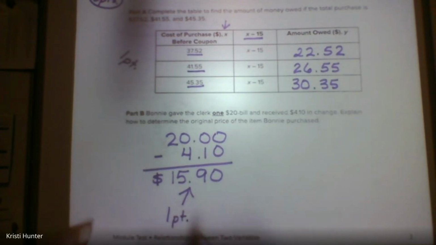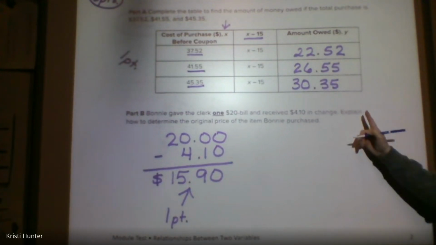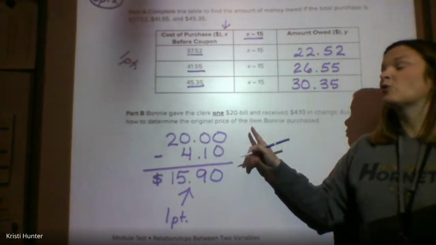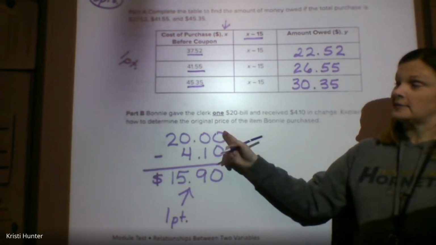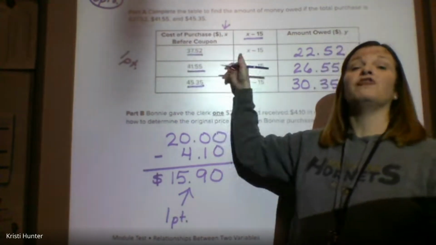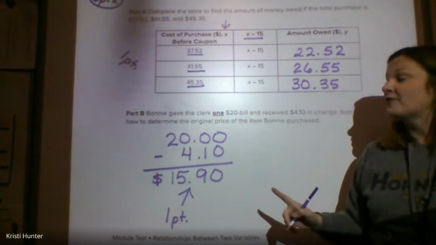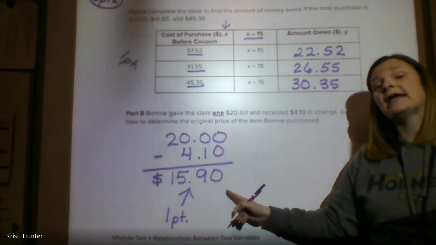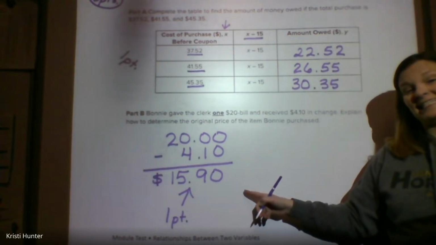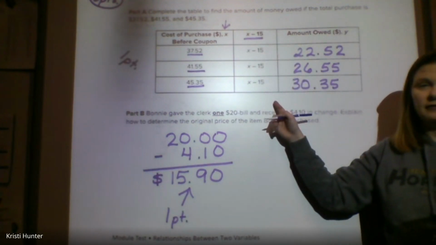Okay, now that's going to get you one more point, because there's a little bit of a trick to this question. It wants to know what was the original price. That means I need to know the price before the coupon. So we've got to think about this. If she paid $15.90, that means she also got to use her coupon.